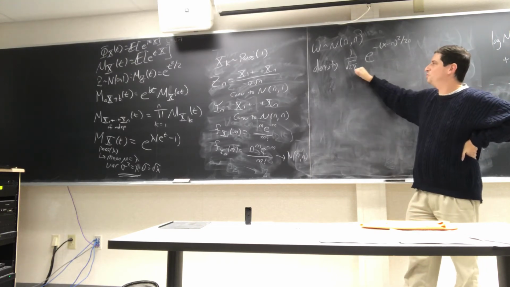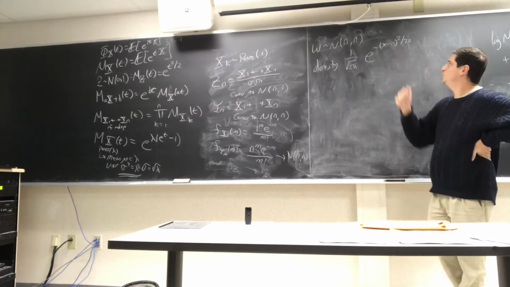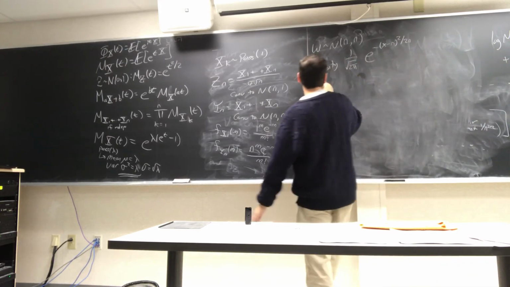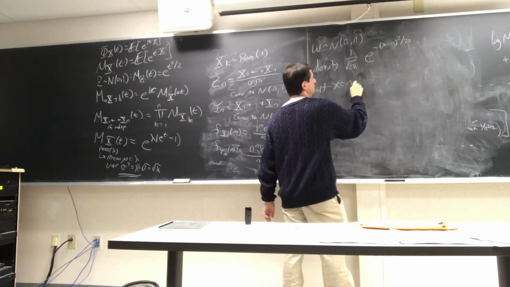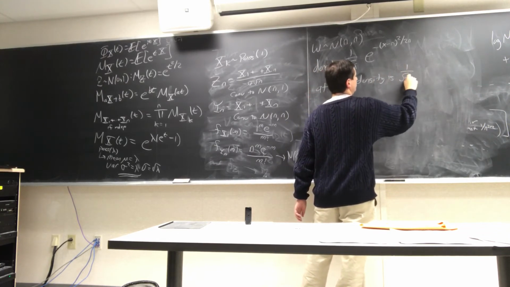What value do you want to evaluate this density at? When you look at this, it should be screaming at you what choice of x to take. N. So at x equals n, density is 1 over square root of 2 pi.